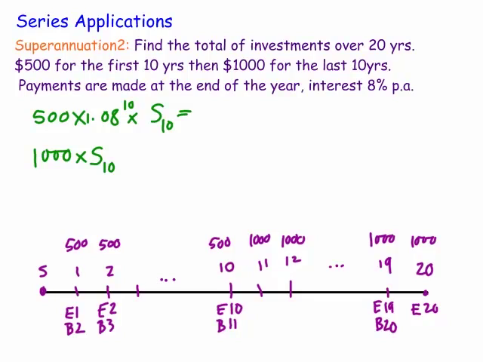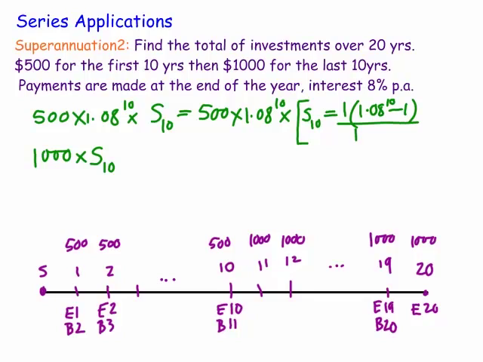We now have 500 times 1.08 to the power 10, a common factor we took out, times the sum to 10 terms. The first term for all of these is just 1, so it's 1.08 to the power 10 minus 1, on 1.08 minus 1.